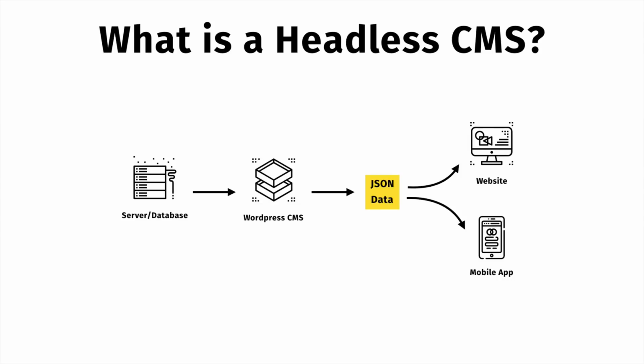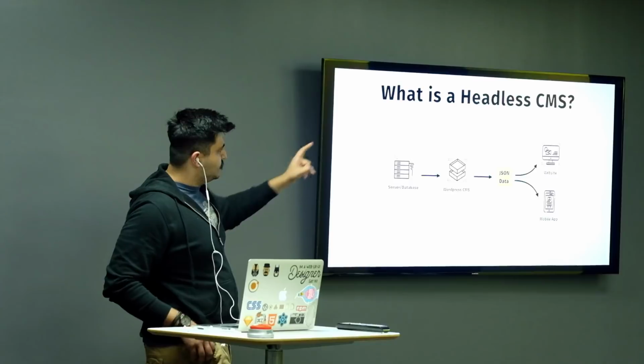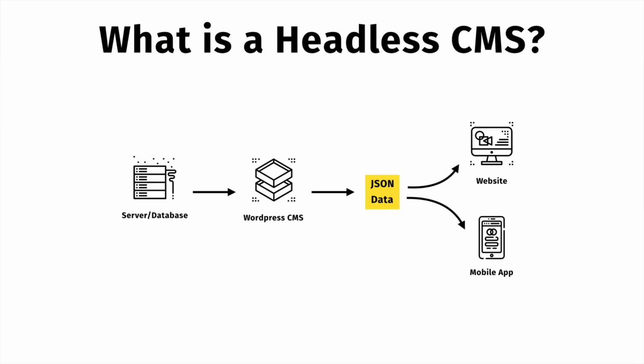Then you have your CMS, which would be WordPress for you guys, which handles the back-end database stuff. It talks to that database and lets you make adjustments, whether it's modifying or viewing things. And then this is where headless kicks in: instead of going straight to the browser, it spits out a middleman layer of data.